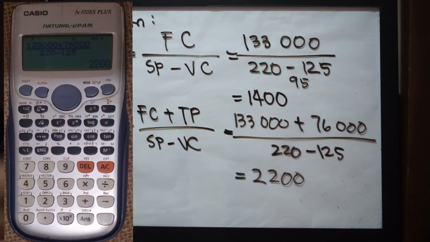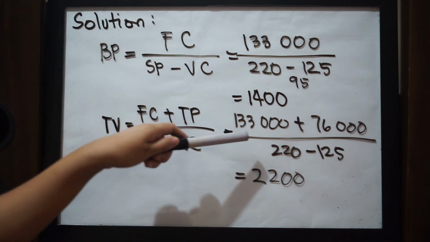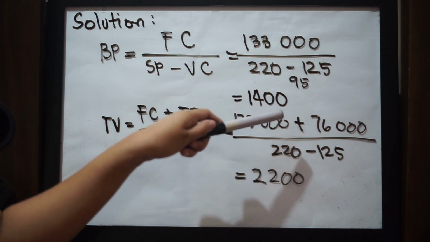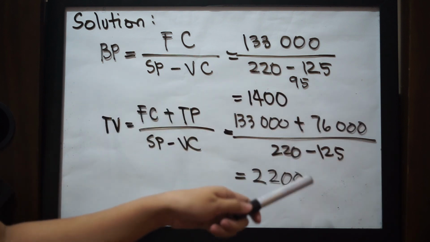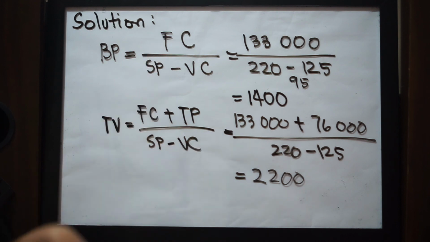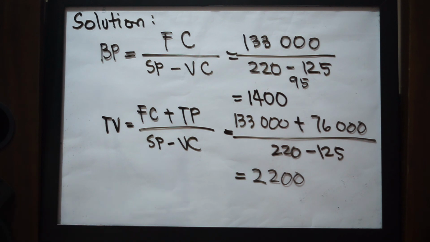So, pag gusto nyo ulit solve siya manually or step by step, you add 133,000 plus 76,000 first, tapos all over 95, then you just divide those two. O kaya naman for the calculators na two-liner calculator, ganito lang ang gagawin.